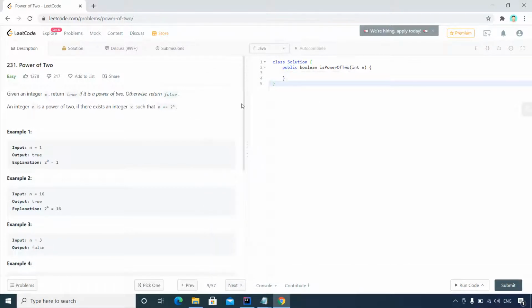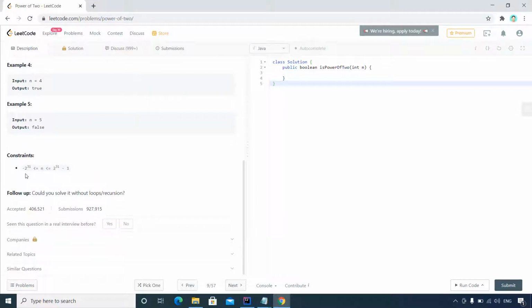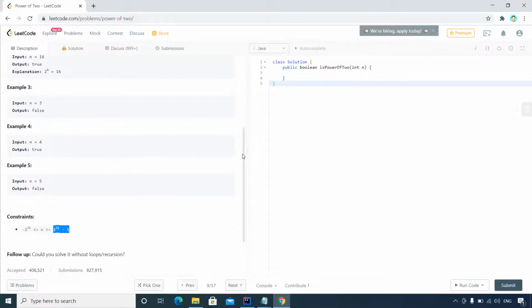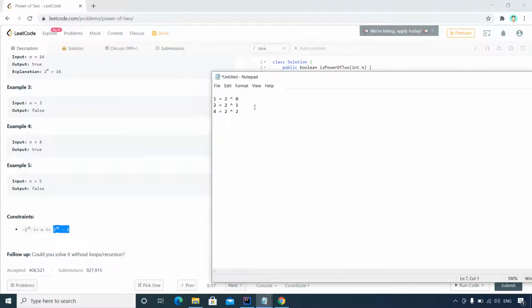Let's check what the boundary is. You see that n might be negative, might be 0, and might be a positive number. We know that we're interested only in numbers that are more than 0. We're only interested in positive numbers.